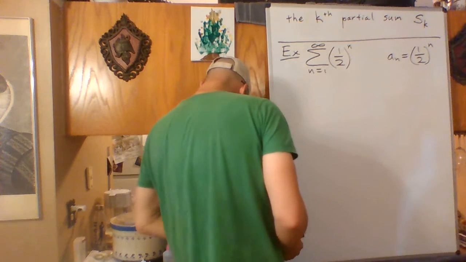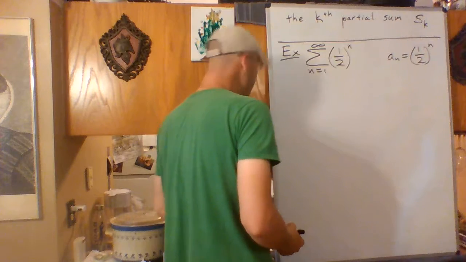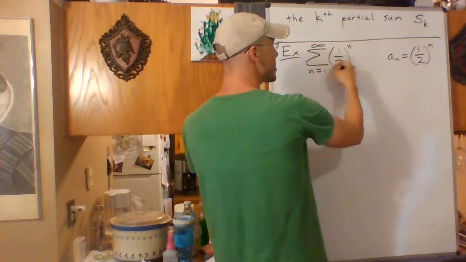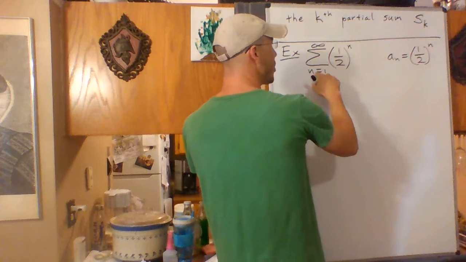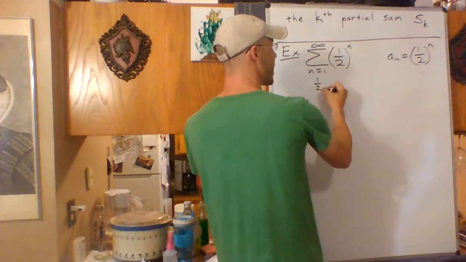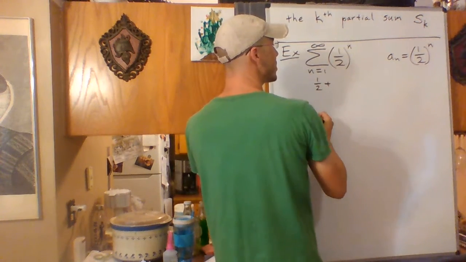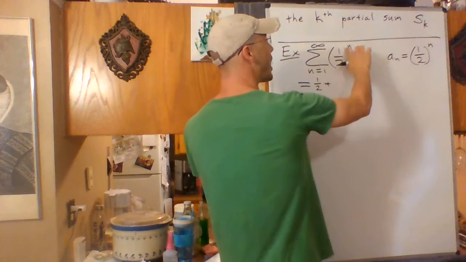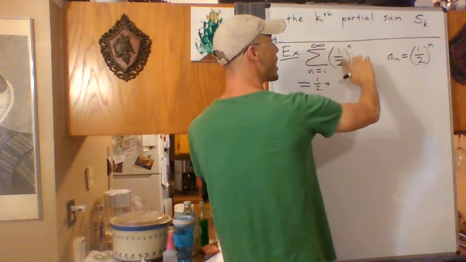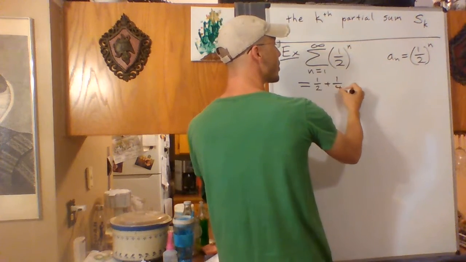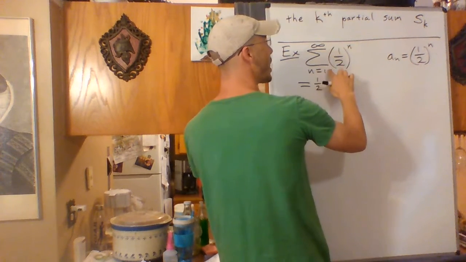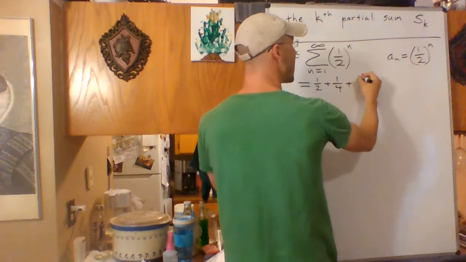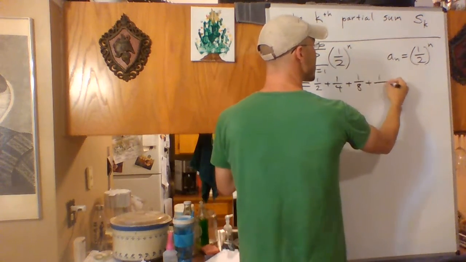We can list this out. This is 1/2 to the first, that's 1/2, plus 1/2 to the second is 1/2 squared, or 1/4, plus 1/2 to the third is 1/8, plus 1/16.